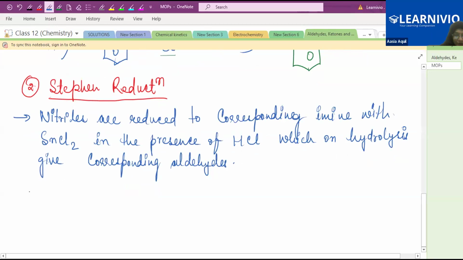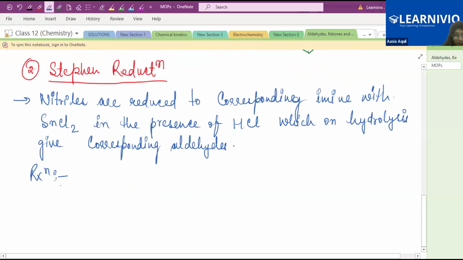Okay, now let's see the reaction. What is the reaction included in this Stephen reaction? Reduction, right. Suppose this is a nitrile, RCN. This is your cyanide group, you can say your nitriles. So here, what happens when you treat this in the presence of SnCl2 plus HCl.